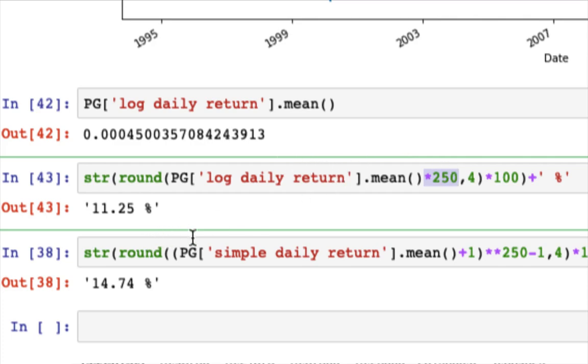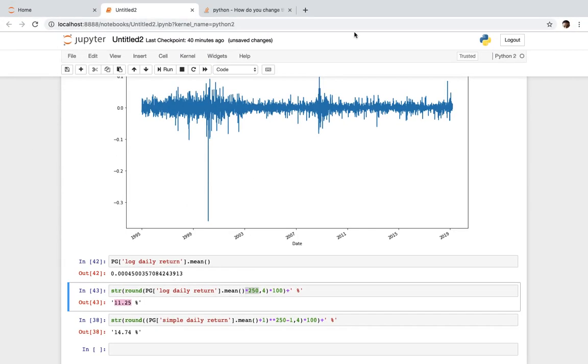This formula is not for log returns. You can see that in this case the log return is very different from the simple return. Okay, I think we can stop here with the video.